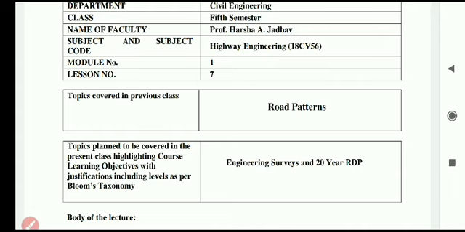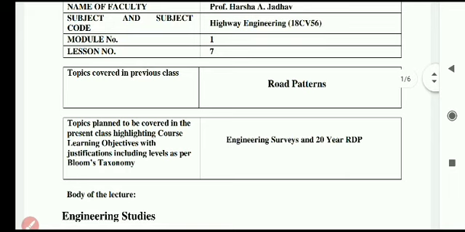One cannot travel with higher speed and the safety aspect is a bit lesser in this particular road pattern. The best example of the rectangular or block pattern is Chandigarh city, and a nearby example is Navanagar, Bagalkot. Both of these places are planned under rectangular or block road pattern.